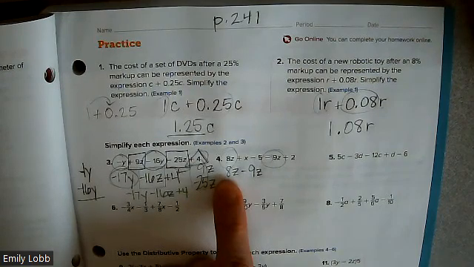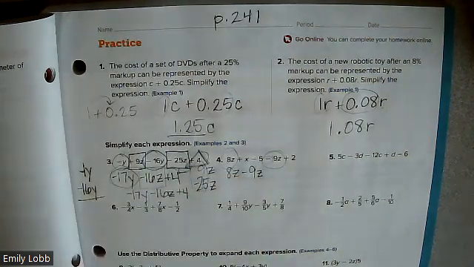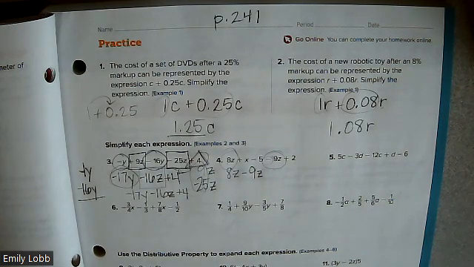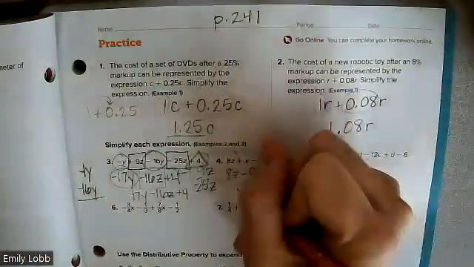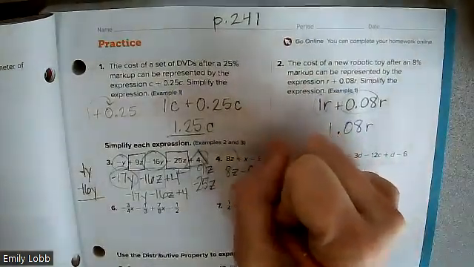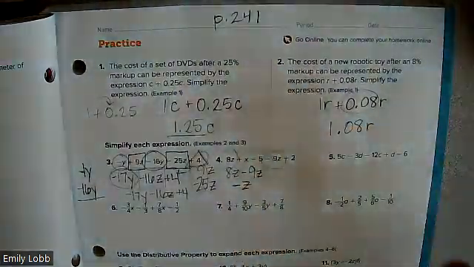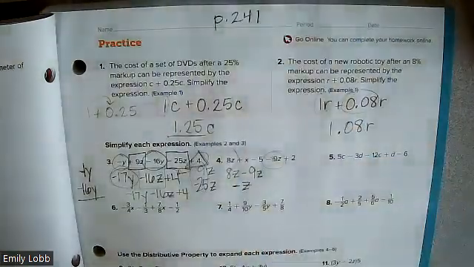So what is 8 minus 9? What's 8 minus 9? Anybody know what 8 minus 9 is? Negative 1. Thank you. So we have a negative Z, right? Because the coefficient there would be negative 1.